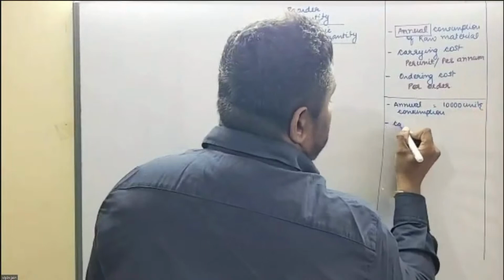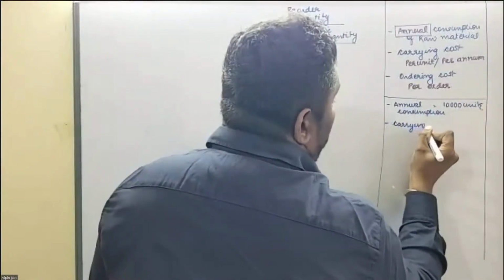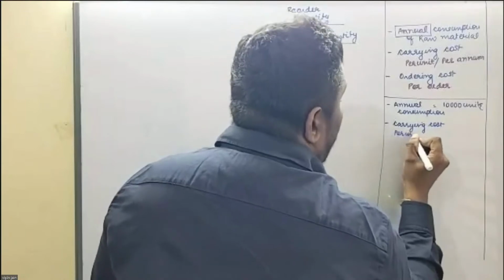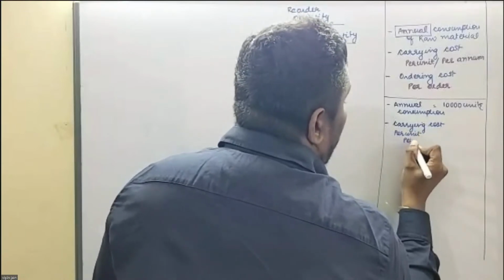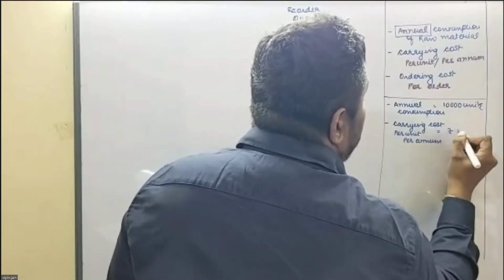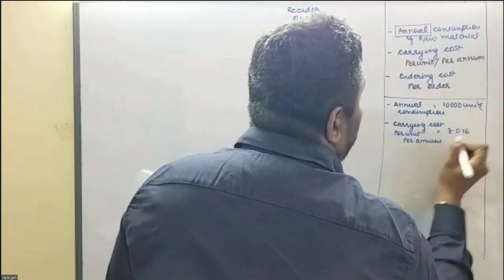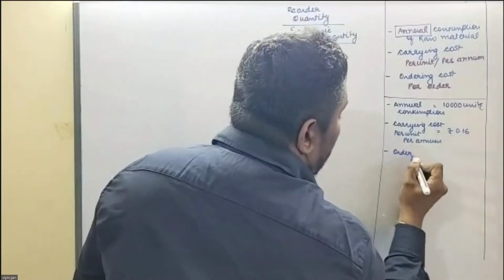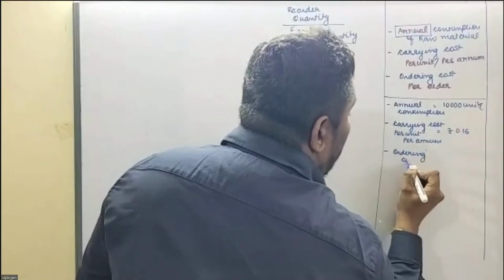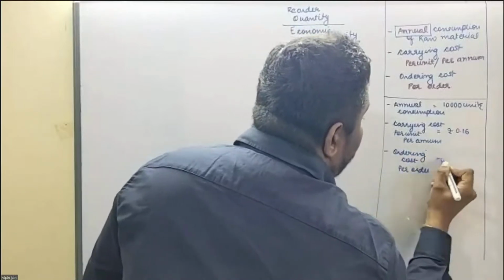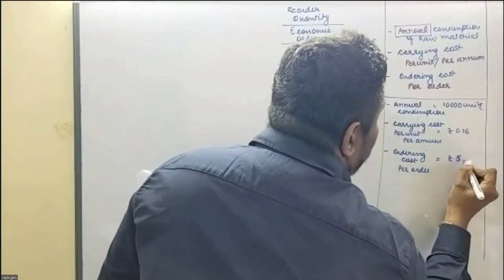My carrying cost per unit per annum is rupees 16. My ordering cost per order is, let's say, rupees 50.